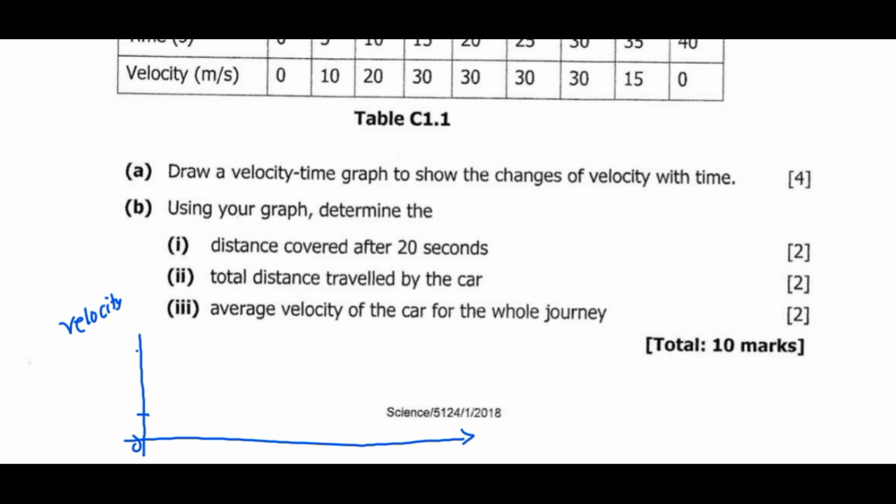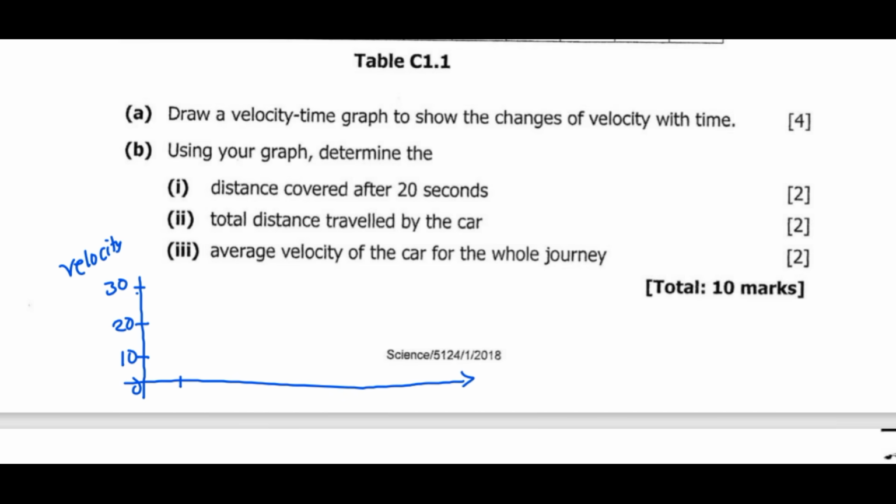But since I don't have enough space, I'll say 2 centimeters represent 10. So if this is 0, here I get 10, then 20, then 30. For the x-axis, I'll say 2 centimeters to represent 5, as long as I'm able to reach 40. So we'll say 5, 10, 15, 20, 25, 30, 35, 40. We know it's time in seconds.